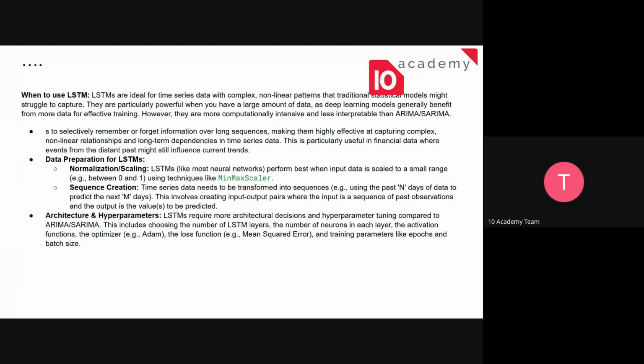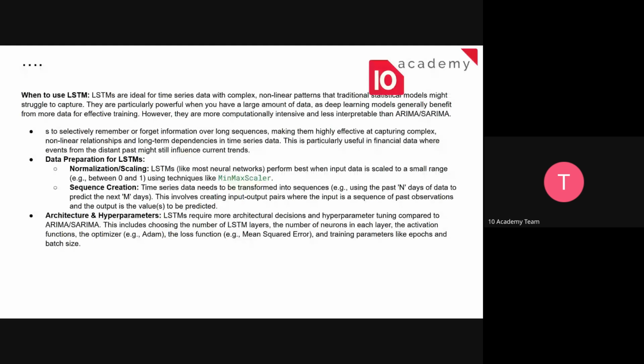So when are we going to use LSTM models? They are ideal for complex, large, and nonlinear data that is not going to become stationary easily, and the traditional statistical models like ARIMA and SARIMA cannot handle that type of data.